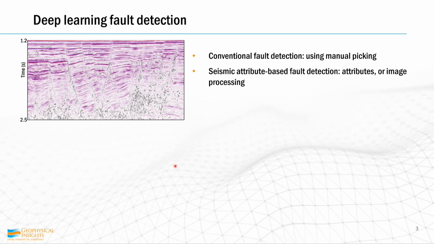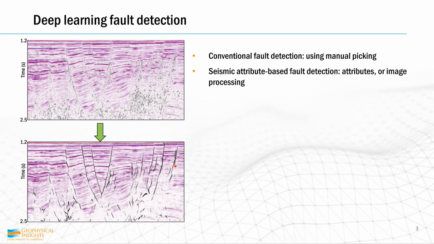Edge detection attributes can highlight the discontinuity surfaces, but can also generate some incoherent random noise and coherent random noise. So stratigraphic edges and seismic noise also give rise to discontinuities in 3D seismic data. In recent years, machine learning and deep learning applications to fault detection can often be seen in recent publications.